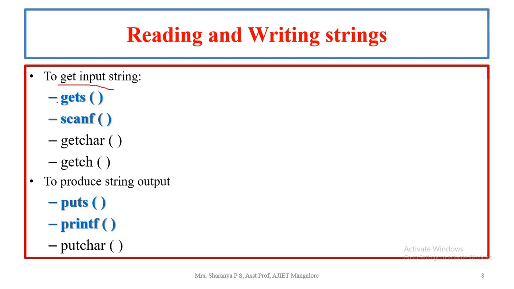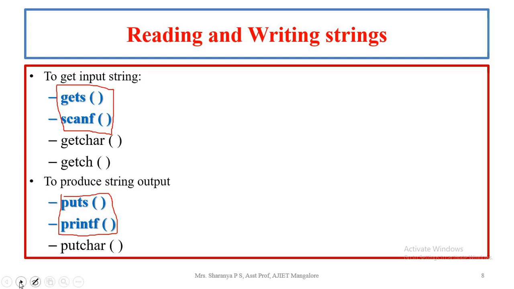We will look in detail at gets and scanf. To produce a string output, or to display the string back on the screen, we will use puts, printf or putchar. In detail, we will see puts and printf.